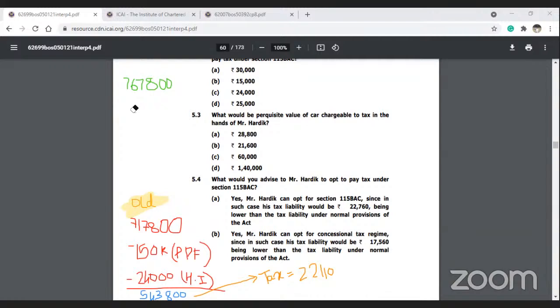Plus 4%, 41,777. I told you. So we will suggest him to go by normal.